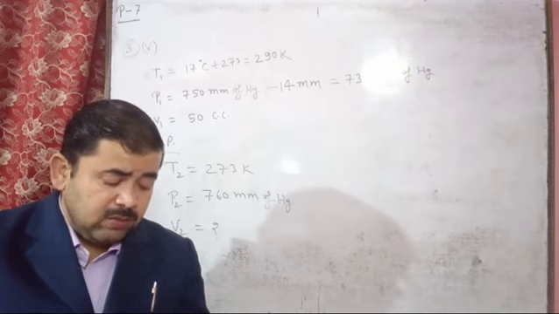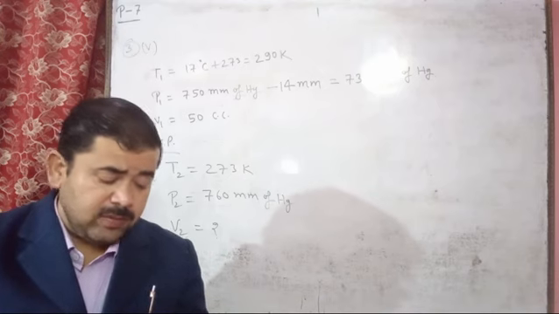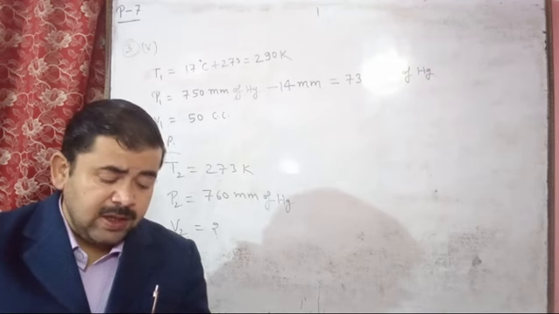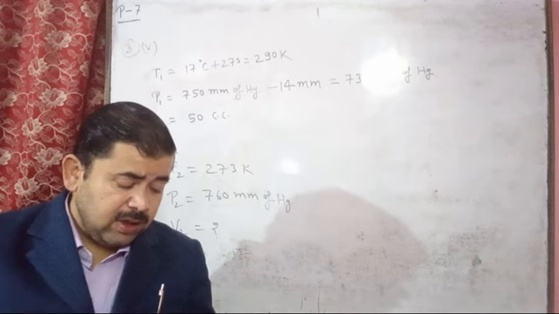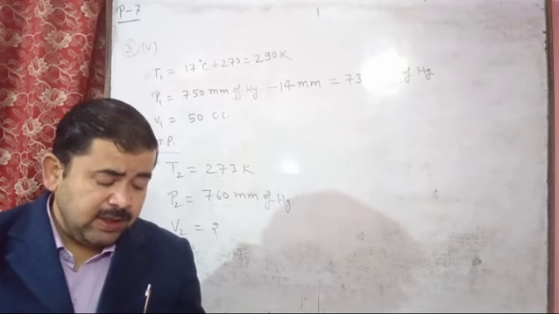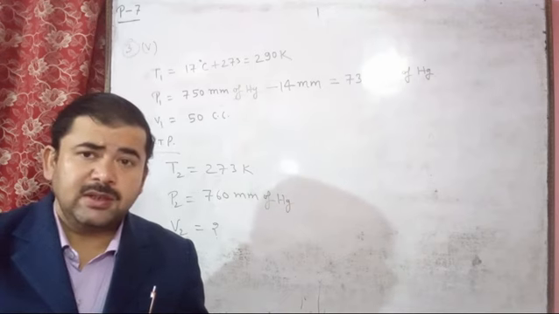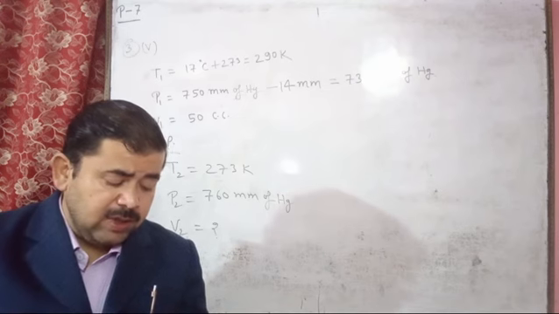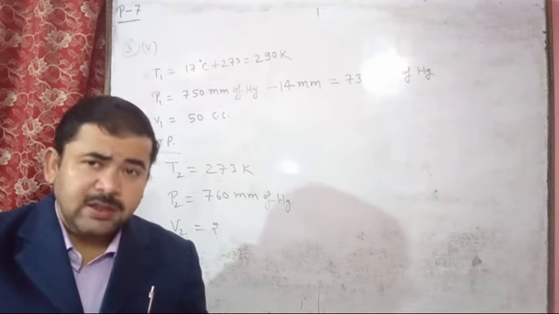Third, 1 decimeter cube of a gas is equal to 1 liter. Fourth, all temperatures on the Kelvin scale are positive figures. Fifth, at minus 273 degrees Celsius, the volume of a gas is theoretically 0 cc, that is 0 cubic centimeter.